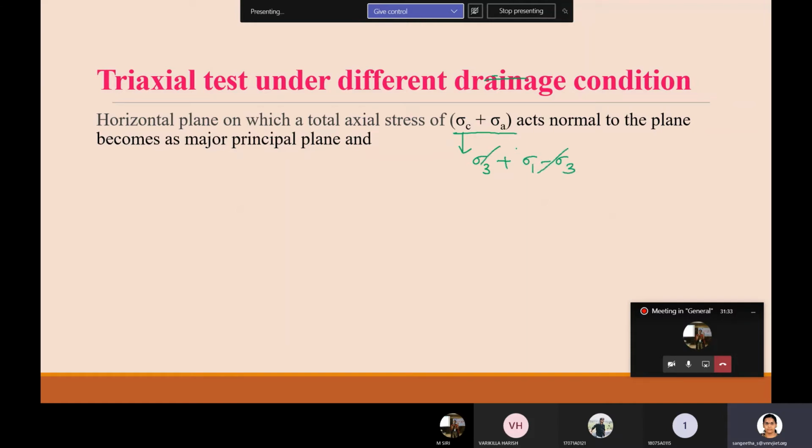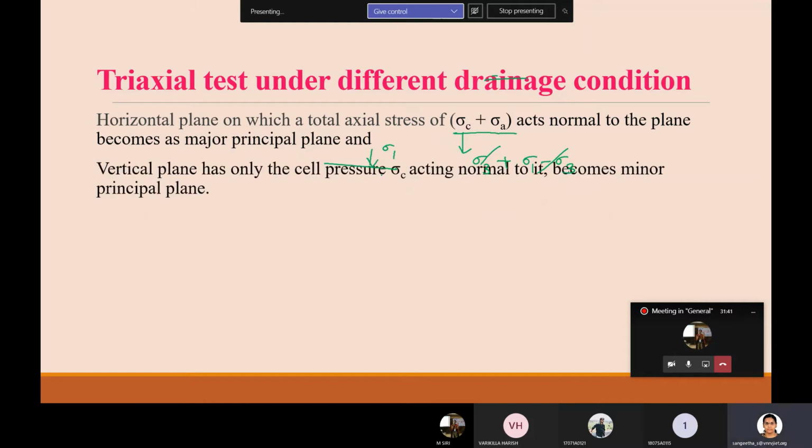So this cancels out. On your horizontal plane, sigma 1 will be acting. And on the vertical plane, only sigma C is acting, which is your sigma 3.